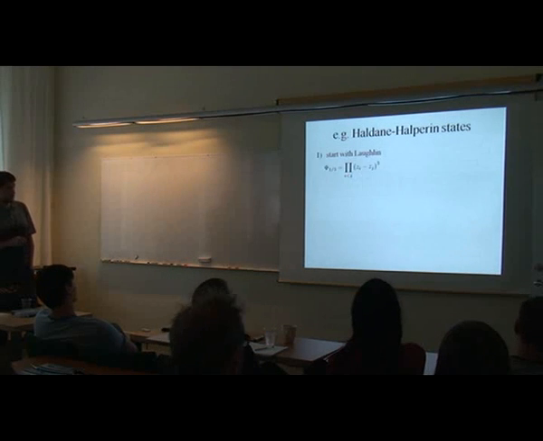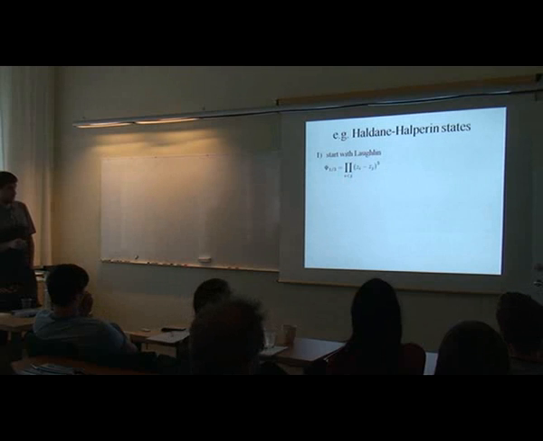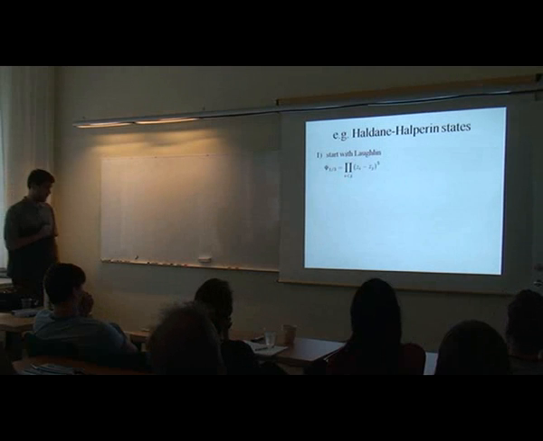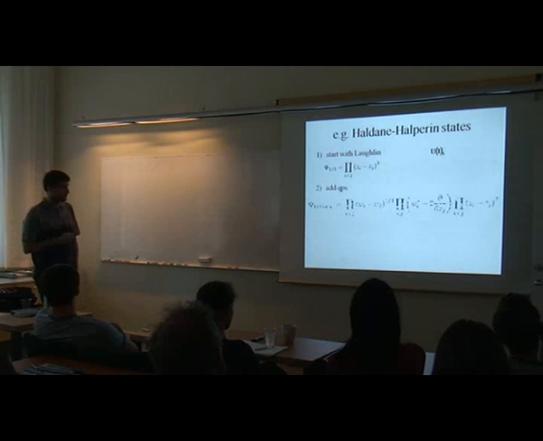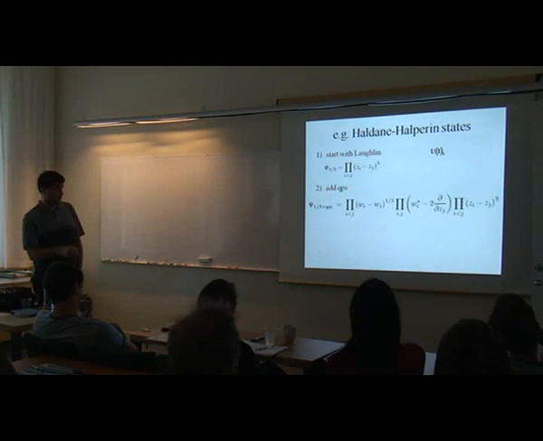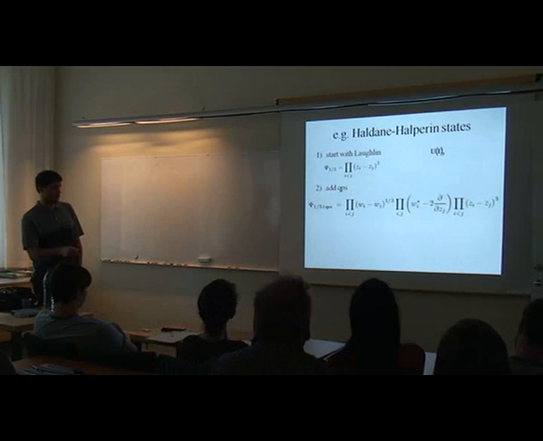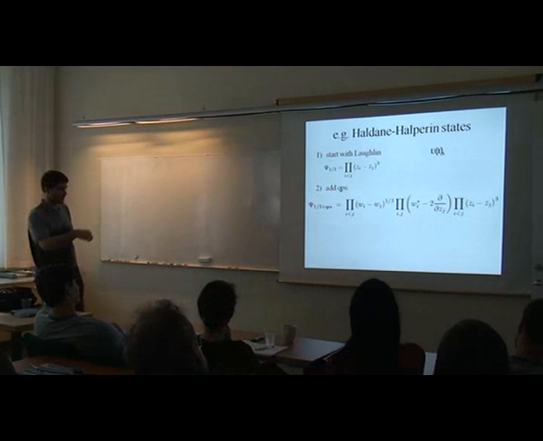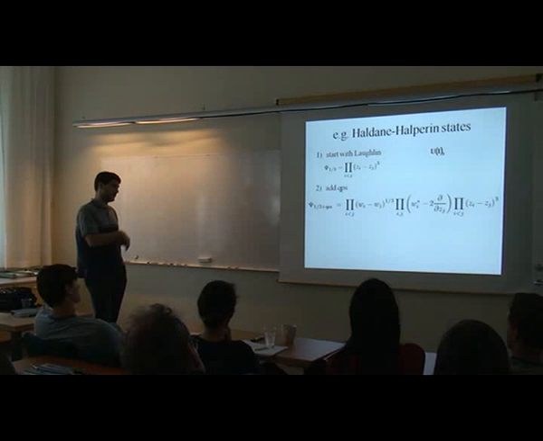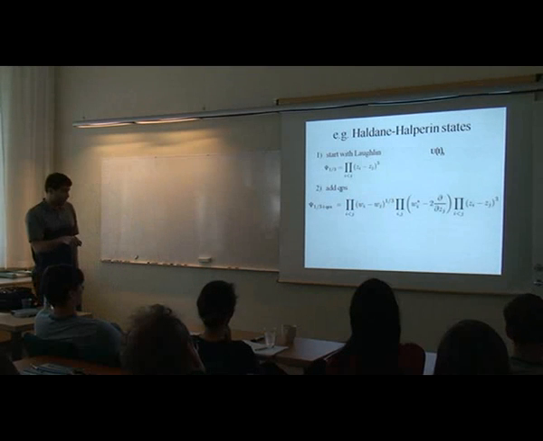You, for example, start with the Laughlin state, which has the famous wave function, described by a U(1) Chern-Simons or conformal field theory, and then you add quasi-electrons. Here I'm just using the Laughlin form of the quasi-electrons, but you could use something like the Jain quasi-electron or whatever you wish.